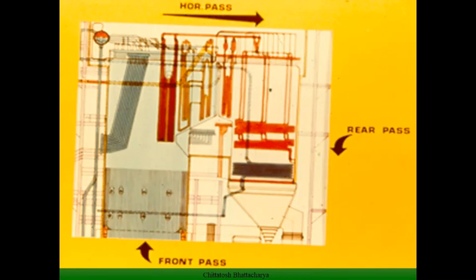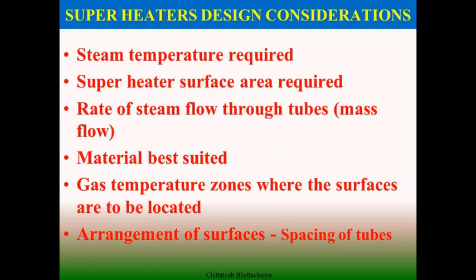All these 3 phases of superheating are done in such a way that flue gas with high temperature is available for superheating according to the requirement and the spacing and location of the superheaters.